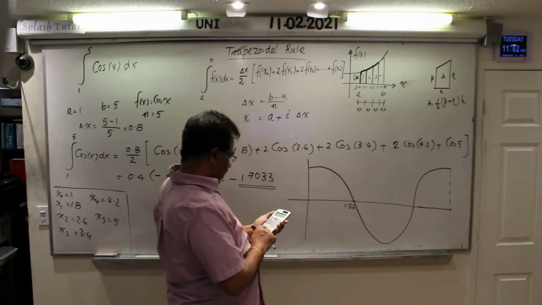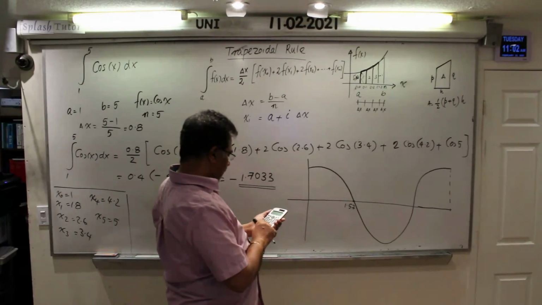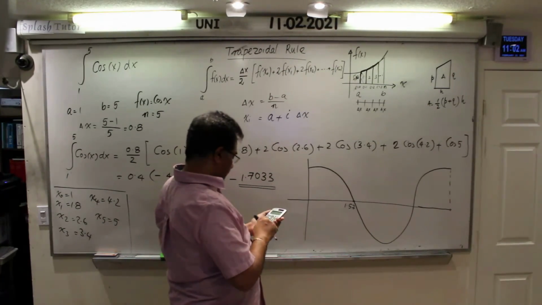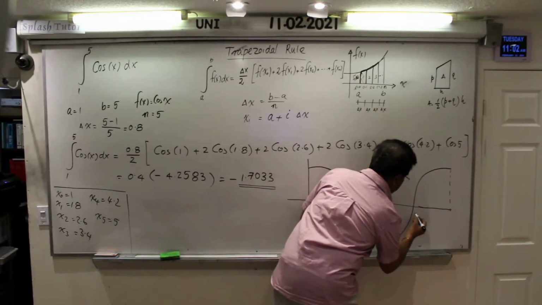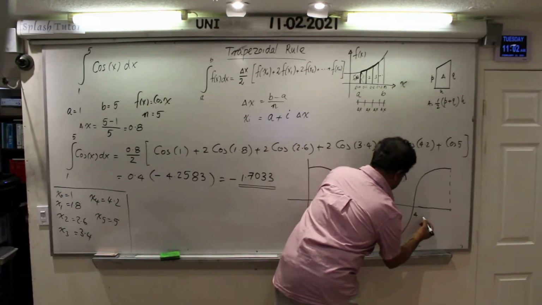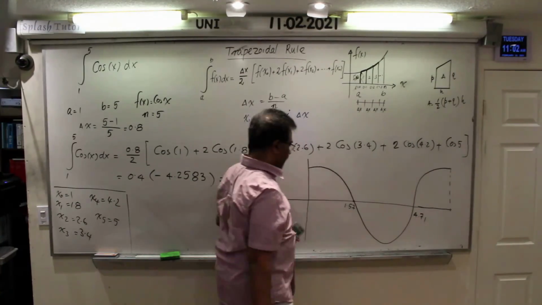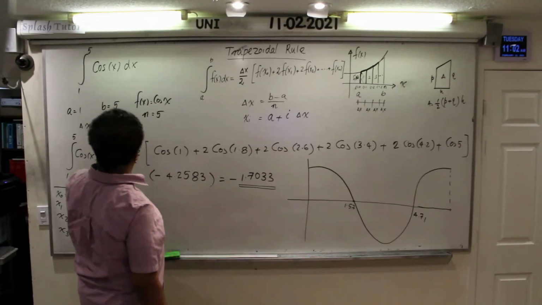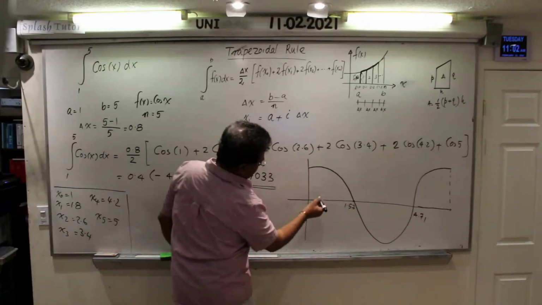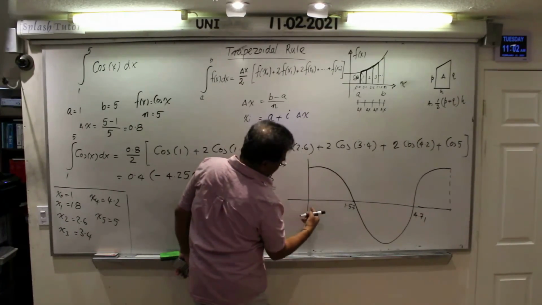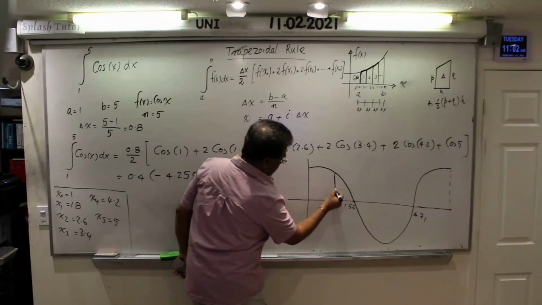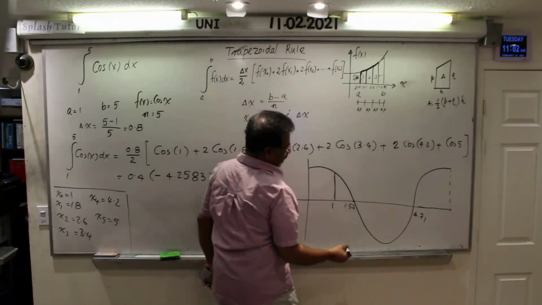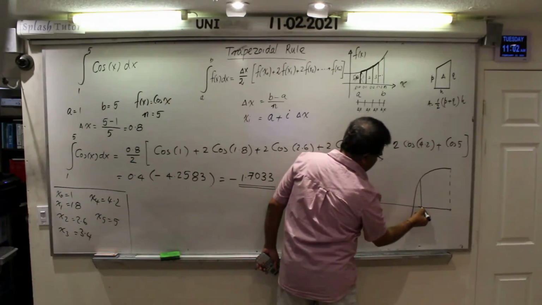The other one is 1.5 times pi, that is 4.71. Now the question is, we have to start from 1 to 5. This is my 1, and 5 is somewhere here.